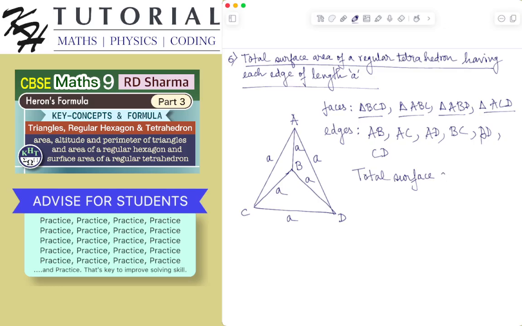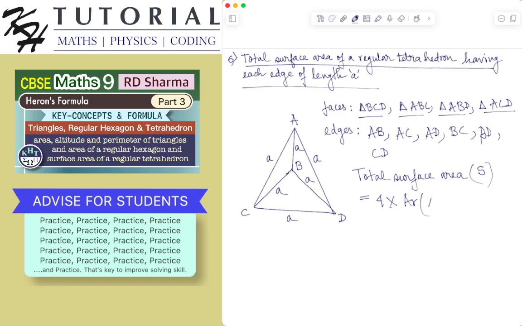Surface area is conventionally denoted by the letter capital S. Total surface area will be equal to 4 times the area of each of the faces, and each of the faces is nothing but an equilateral triangle having side length of A, where A is also the length of each edge of the regular tetrahedron.